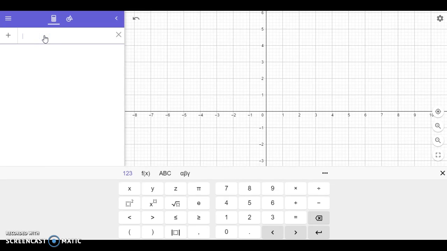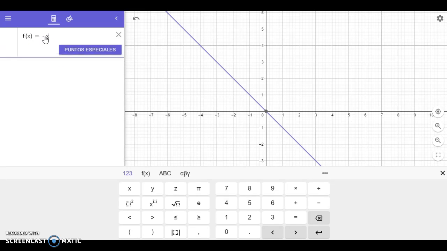So it is f(x) equals minus x squared minus 2x plus 24.